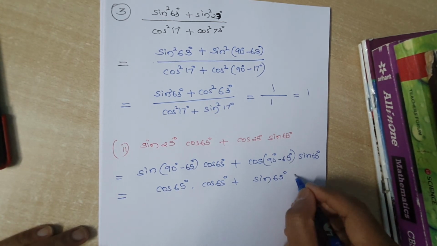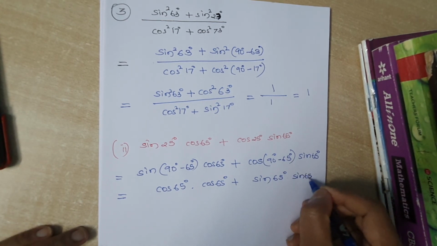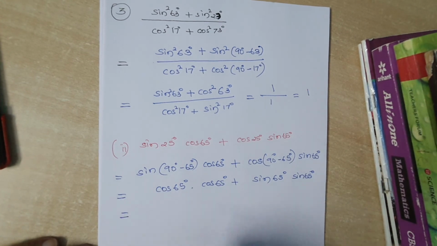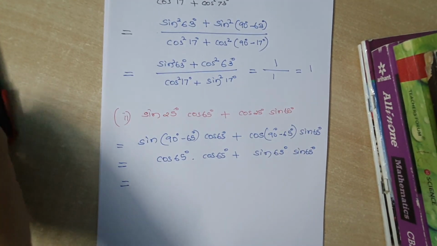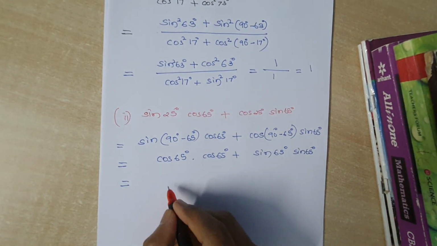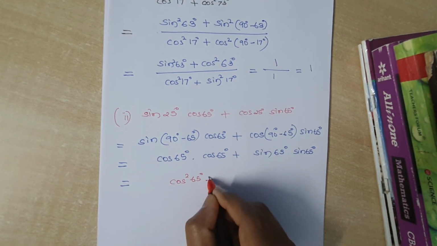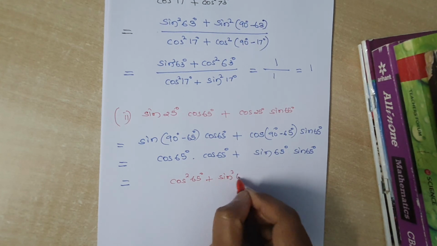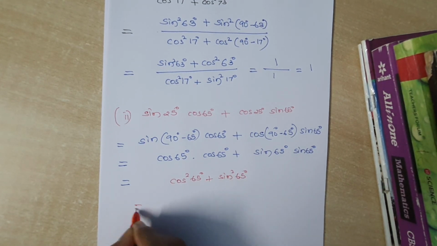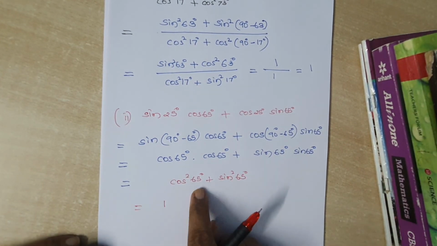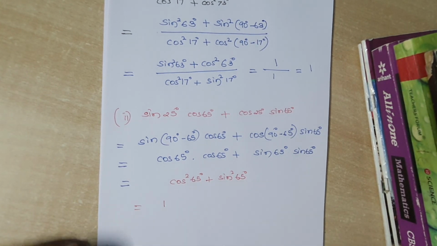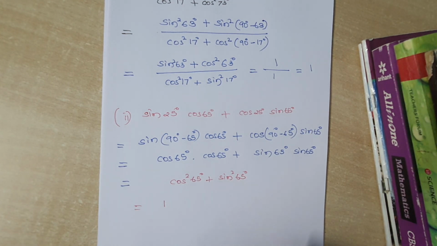Now here already sin 65 is equal to cos square 65 degree plus sin square 65 degree, which is equal to 1, because cos square theta plus sin square theta is 1. So that's it. This exercise has been completed.